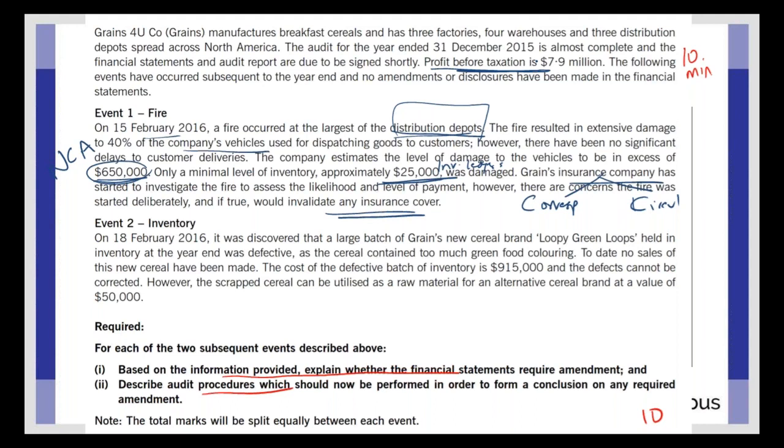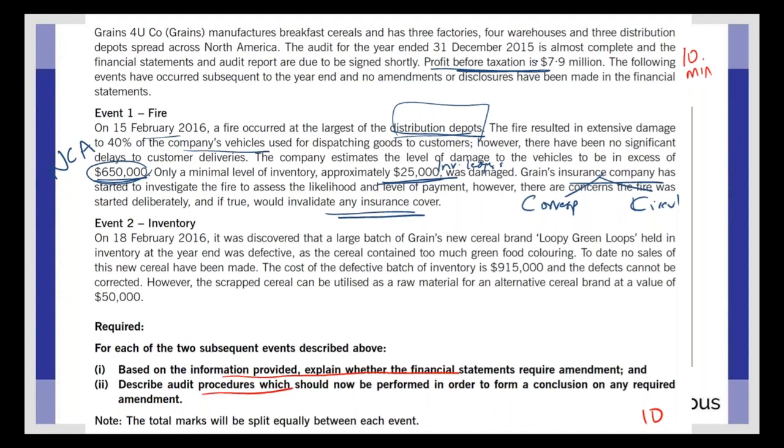Yes, Zainab, but don't just write correspondence and confirmation. You have to tell me what you are looking for in correspondence. What are you confirming from them? If you simply write inspect correspondence between insurance company and client, that's a 0 mark. When you look at the correspondence, what are you looking for?